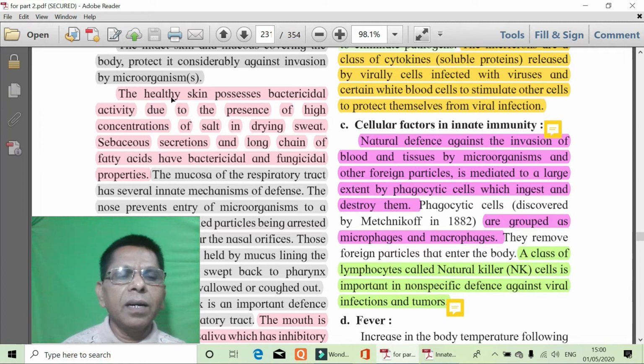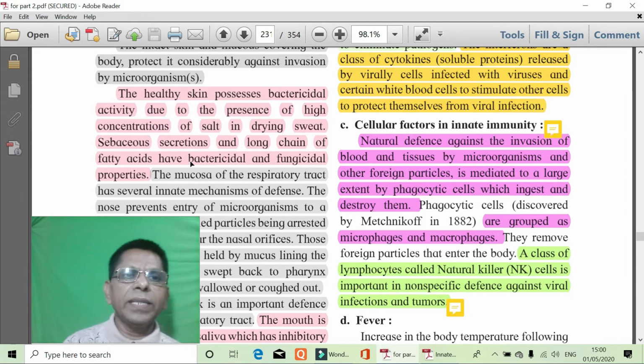The skin possesses bactericidal activity due to the presence of a high concentration of salt in the drying sweat, and the sebaceous secretions and long chain fatty acids have bactericidal and fungicidal properties.